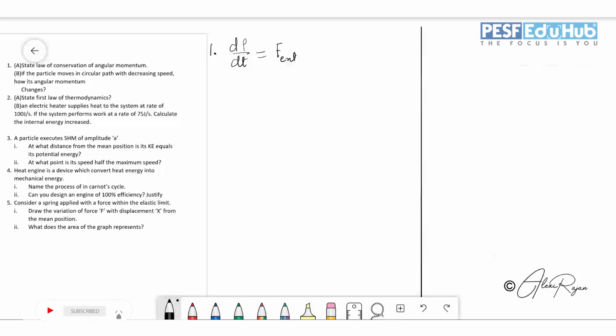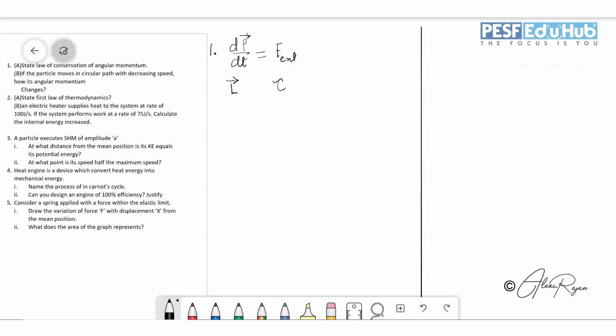Instead of P, where P is a linear momentum, in a circular motion this will be analogous to angular momentum, which is given by L. And instead of F, analogous to F external will be torque.